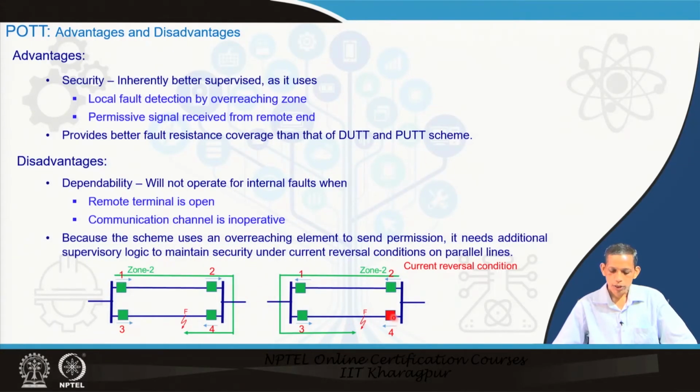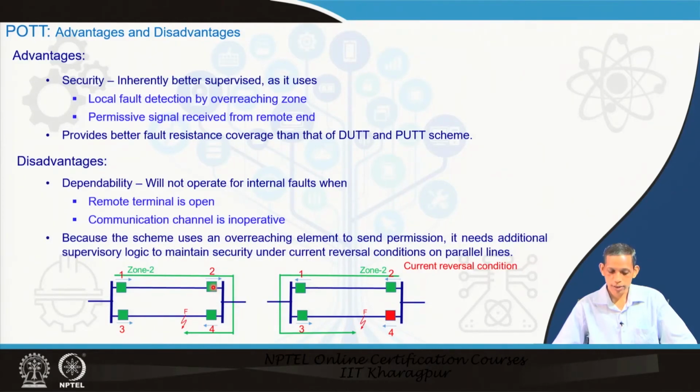Now, this breaker is open, circuit 2 breaker, and the corresponding current in circuit 1 will have a reversal. Note that in this first case, relay 1 may see this fault in zone 2 and may send a signal to side 2 that it is in zone 2, agree?